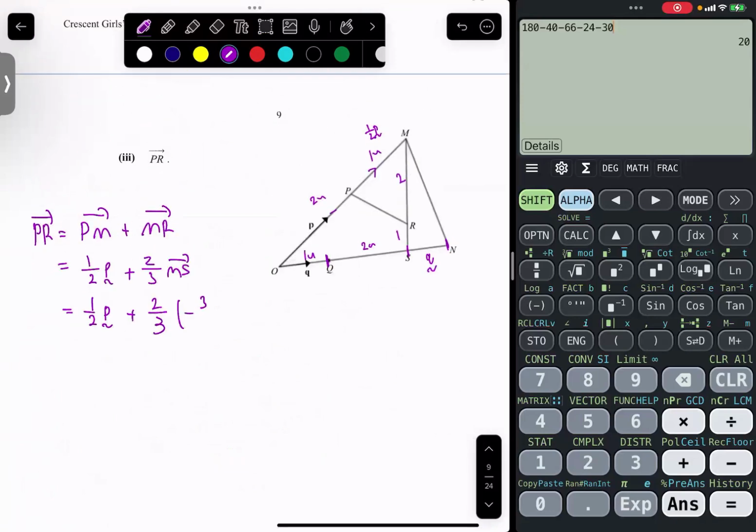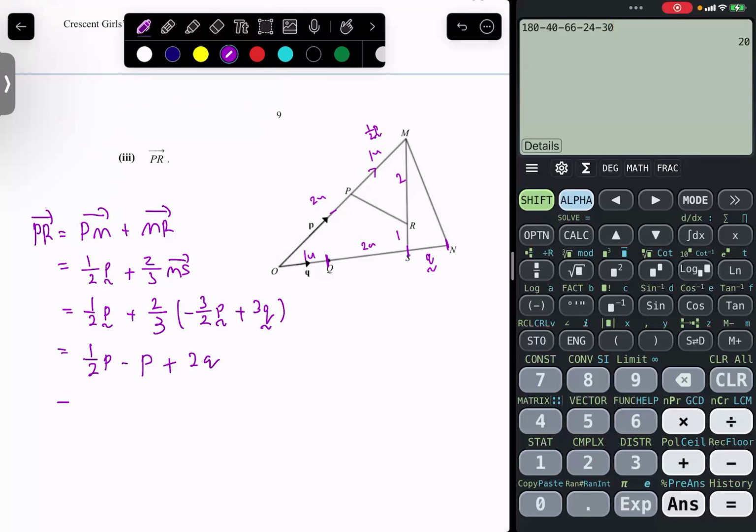This is just fraction simplification: half P minus P plus 2Q. So I will get negative half P plus 2Q.